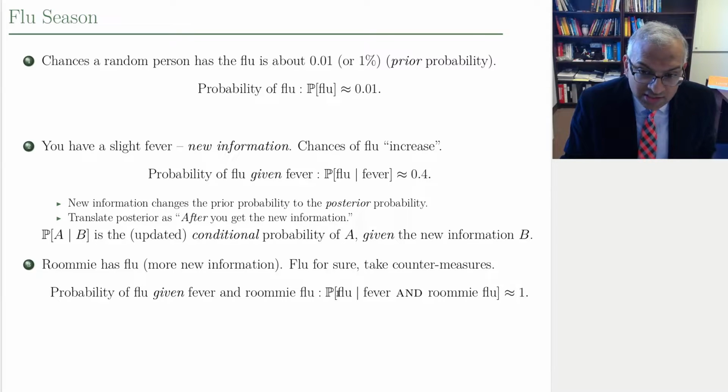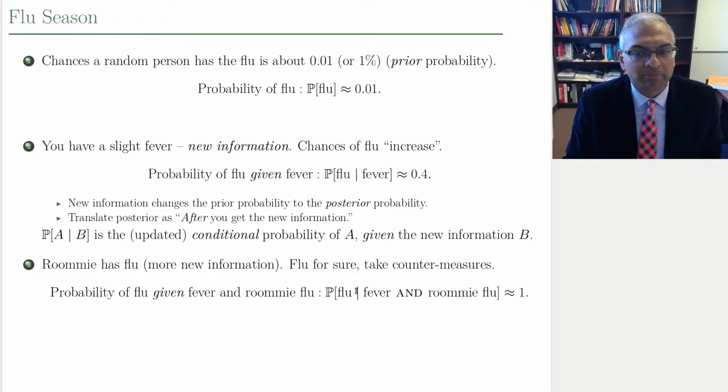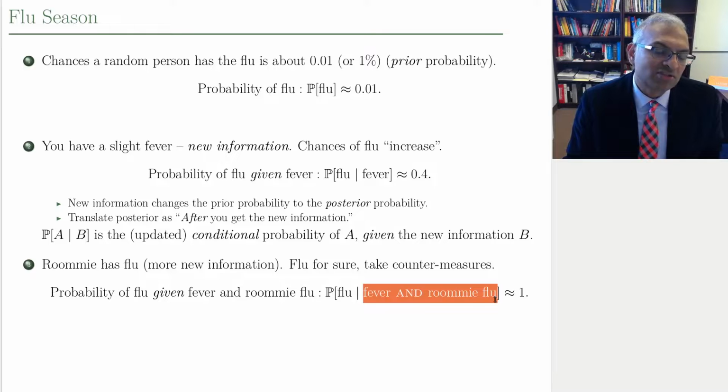So in this conditional probability, in all cases, we're interested in the probability that you have a flu, and all we're doing is updating that. On the right of this vertical bar, the given is the new knowledge, the new information we're using to update that probability.